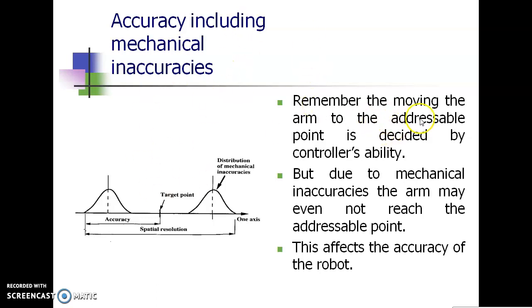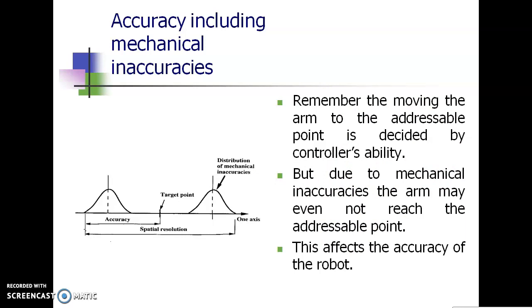Remember, moving the arm to the addressable point is decided by the controller's ability, that we already told. That is the number of bits of the controller. But due to mechanical inaccuracies, the arm may not even reach the addressable point.